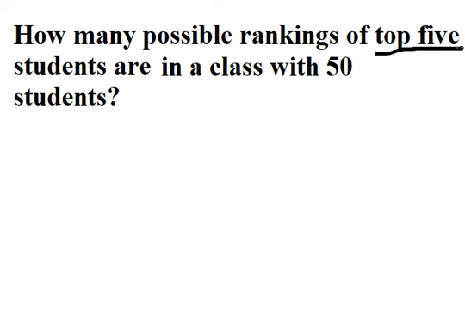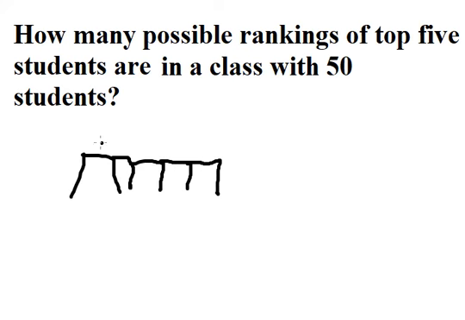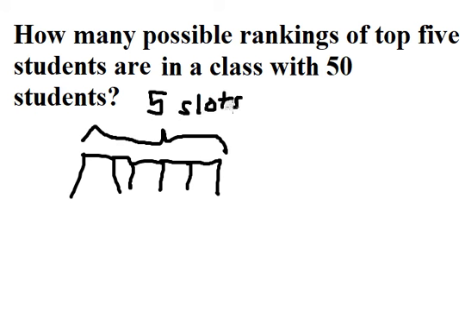We know that top 5 means we will have 5 slots. For the first one, we have 1 out of 50, so that means we have 50 choices for the first one.